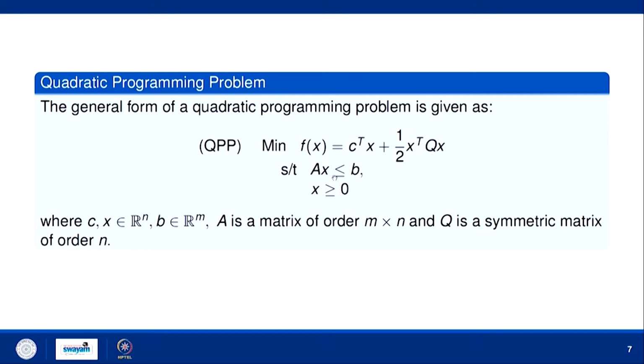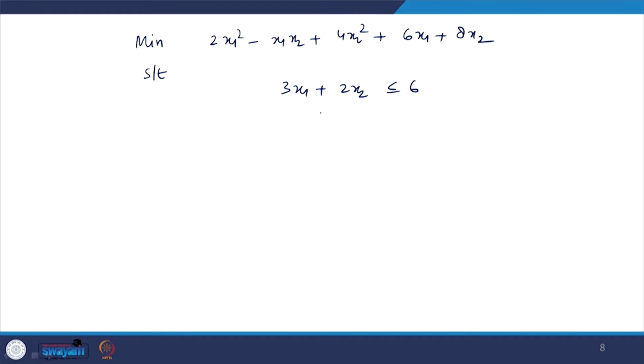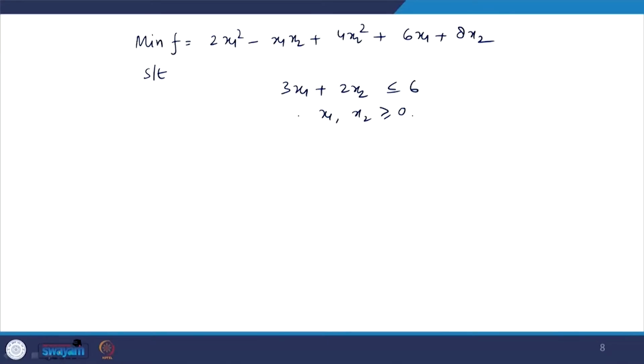Suppose you have this type of problem: minimize 2x1 square minus x1 x2 plus 4x2 square plus 6x1 plus 8x2, subject to 3x1 plus 2x2 less than or equal to 6 and x1, x2 non-negative. A simple problem I have taken to understand. It is a non-linear programming problem, and basically a quadratic programming problem because the objective function is quadratic and all constraints are linear.